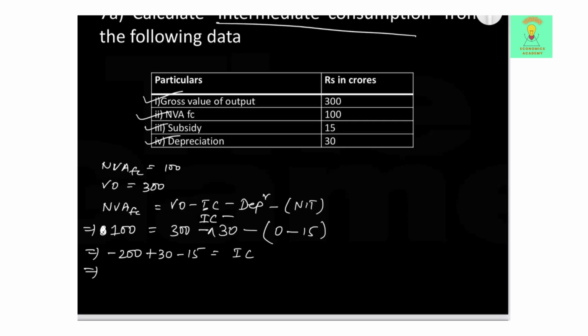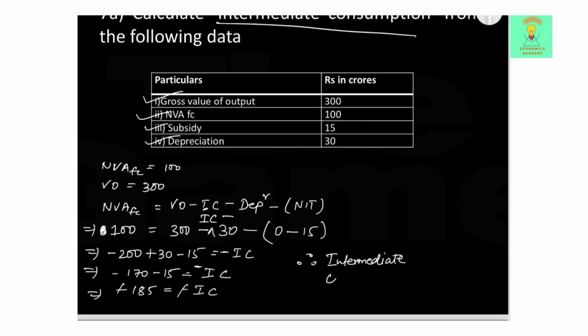Then it will be minus 170 minus 15 equals intermediate consumption, which is nothing but minus 185, sorry, minus here also, equals minus intermediate consumption. Minus minus gets cancelled, so therefore intermediate consumption is equal to 185 crores.